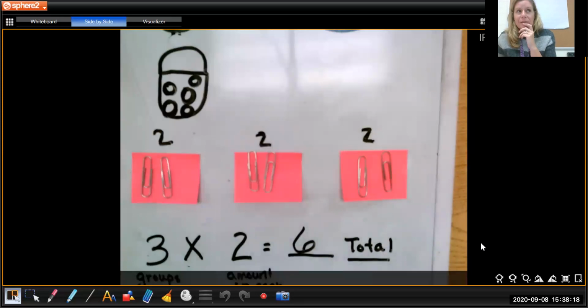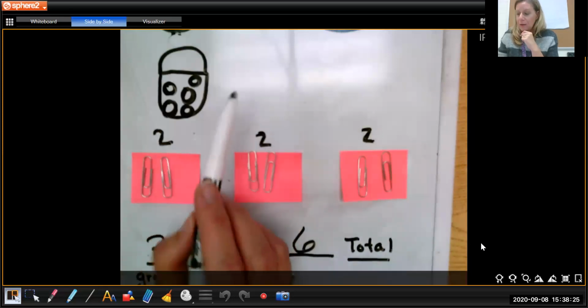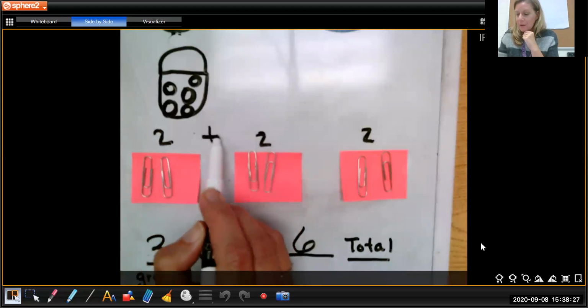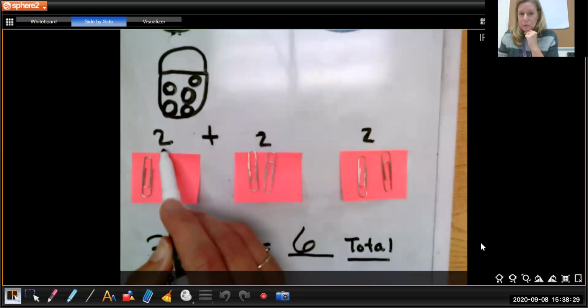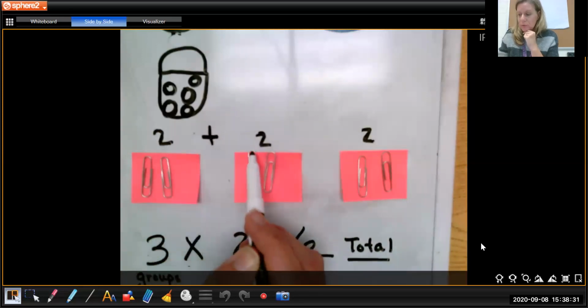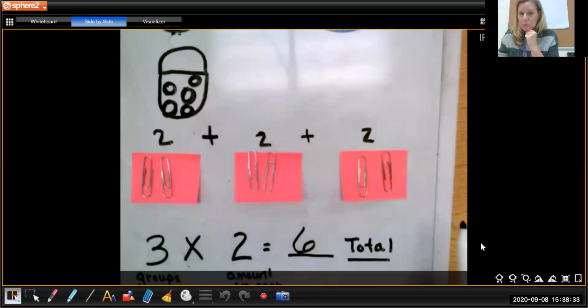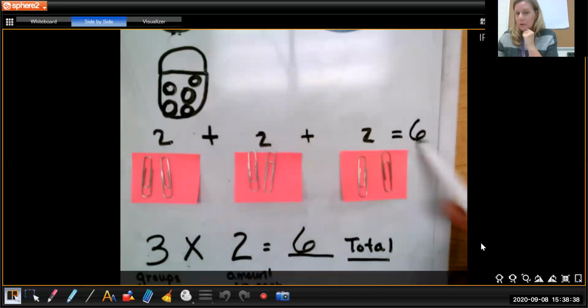If I'm putting things together to figure out a total, I think you thought about it. You add. So I can do 2 plus 2 plus 2. And that will give me 6.